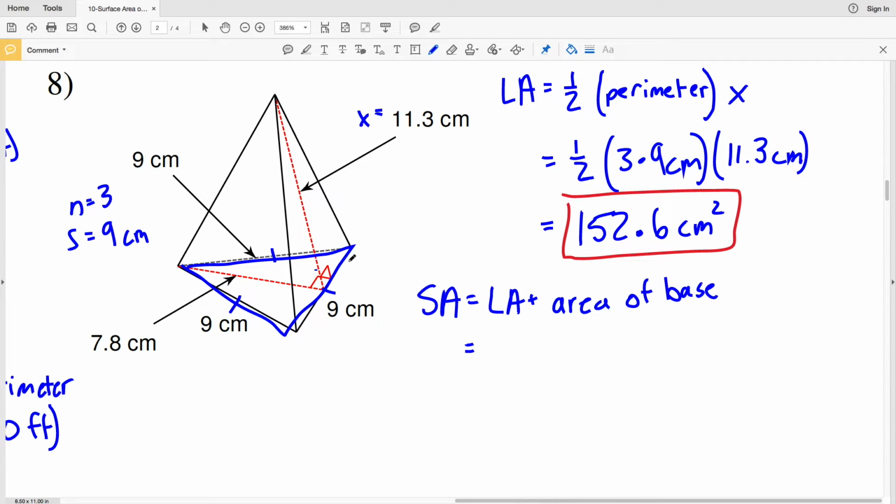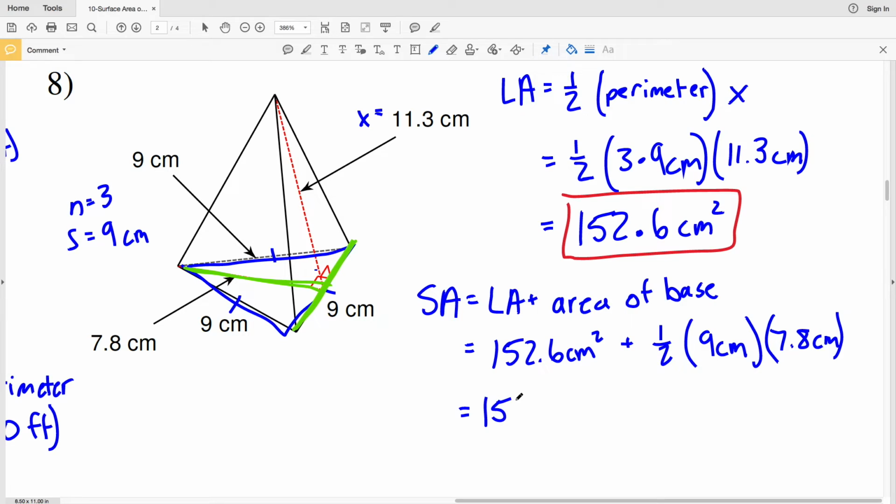And since the base is a triangle, the base of our triangle is 9 centimeters and the height is 7.8 centimeters. That'll be lateral area, which is 152.6 centimeters squared, plus the area of the base, which is 1/2 of the base of 9 centimeters times the height of 7.8 centimeters.